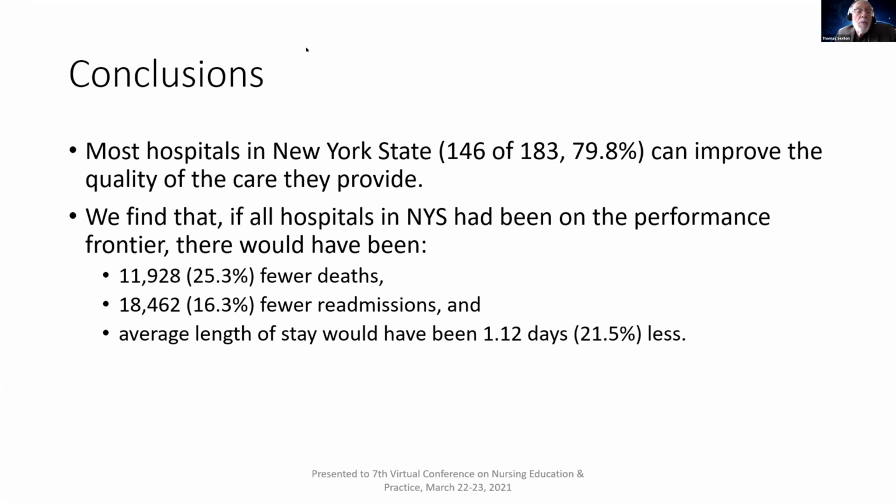There would have been about 16,500 fewer readmissions. That's a 16.3% reduction. That's quite substantial. The average length of stay would have dropped a little over a day, or just about 20%. I think that most hospitals would like to see their data look like this going forward.